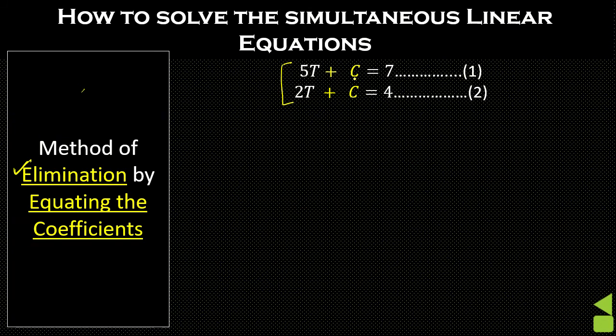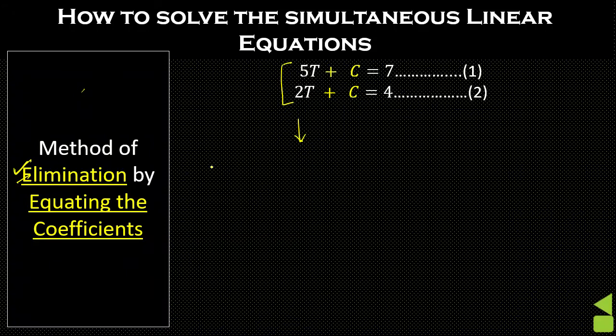If we somehow cancel one variable and get an equation in one variable, we know that one equation is sufficient to get the value of that variable. So we are going to make an equation in one variable by eliminating one variable, and we will get a single variable equation to find the value of that variable.